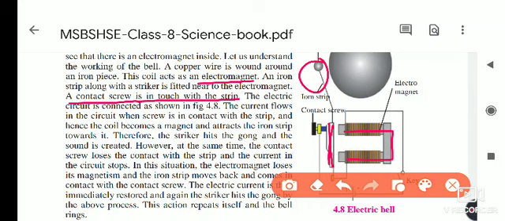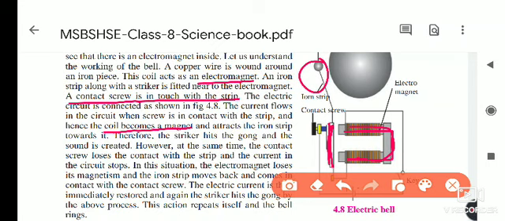The current flows in the circuit when the screw is in contact with the strip. When the current flows, the coil becomes a magnet, and it attracts the iron strip towards it. The iron strip gets attracted, and therefore the striker hits the gong and the sound is created.